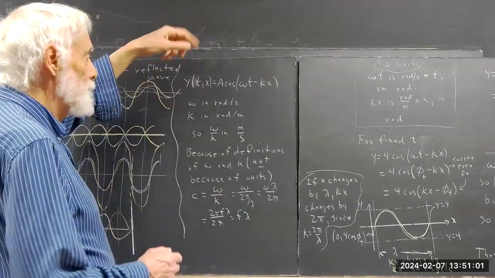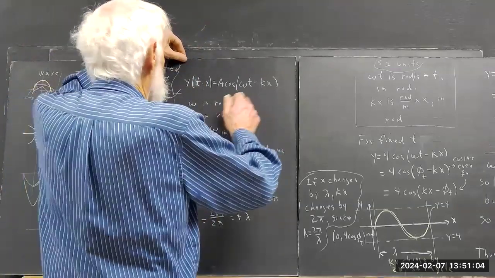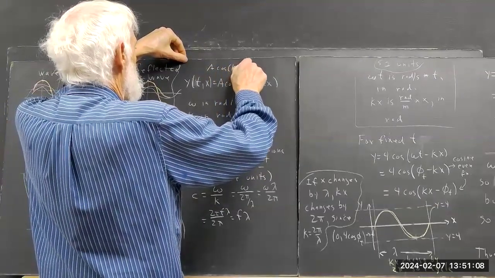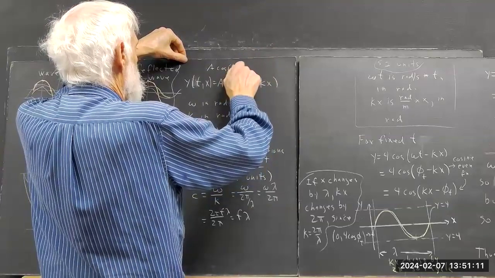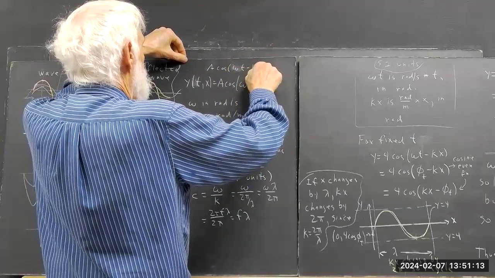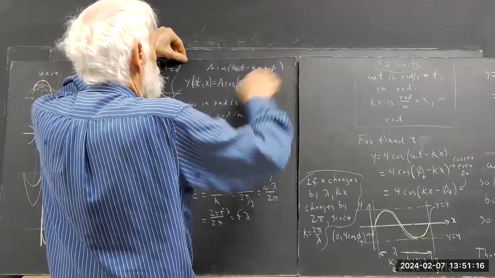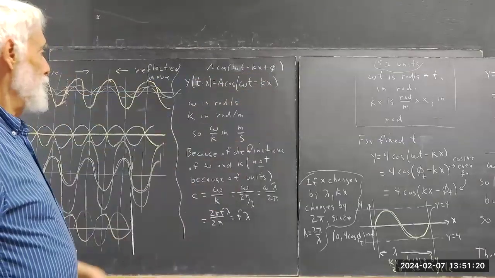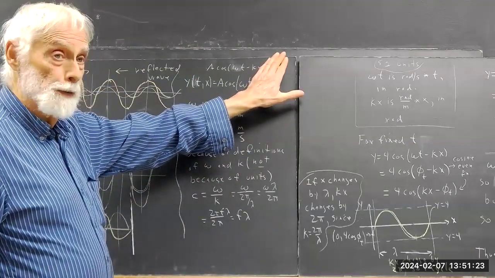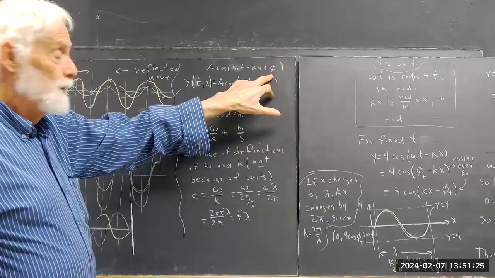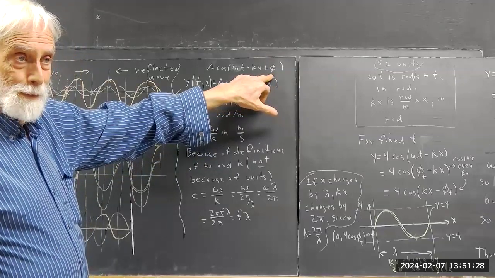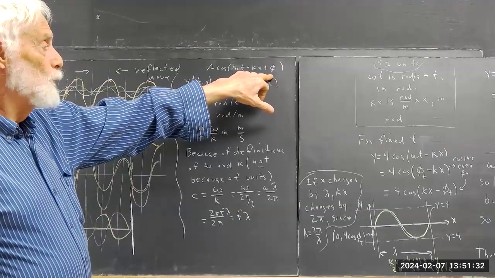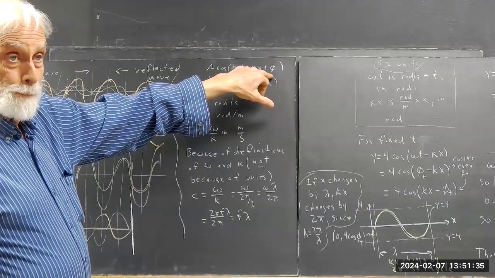So that asked about the fact that when I did this, I had a cosine of omega t minus kx plus phi. That's just a phase angle. The only effect it has is that it takes whatever graph you would have had here and shifts it by that much of a wavelength. It just shifts things right or left.